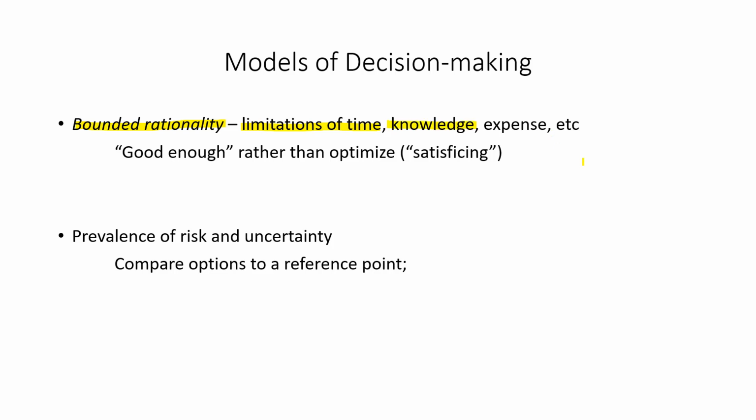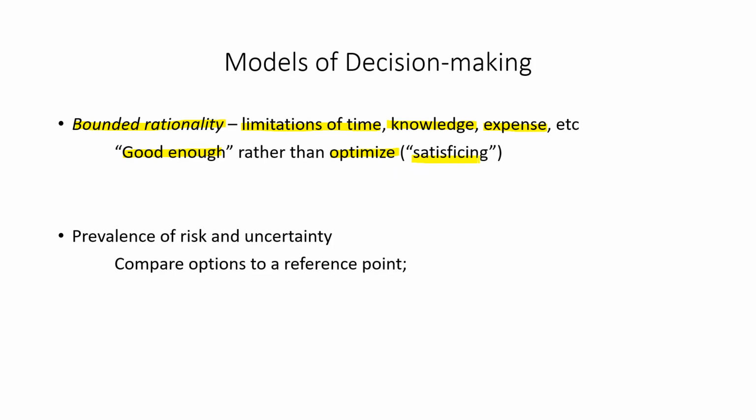We have limits on the amount of knowledge or the information that we have at our availability, limitations of expense. So therefore, what we have to do is come up with a decision that's good enough rather than actually optimizing, maximizing utility. We try to find something that works good enough for that time.